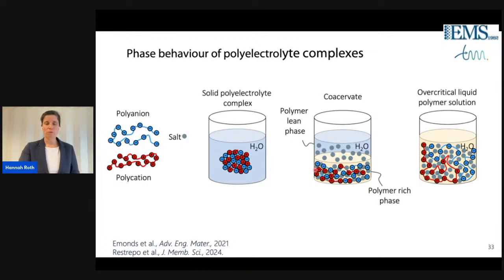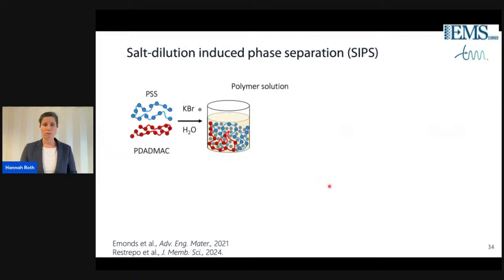We need these two different phases: one to form the structure that is later the polymeric structure, and the other phase to have open pores in that structure. This is what we can use this system for.